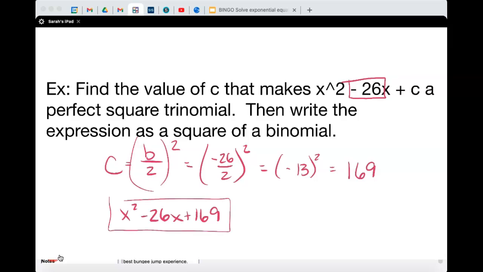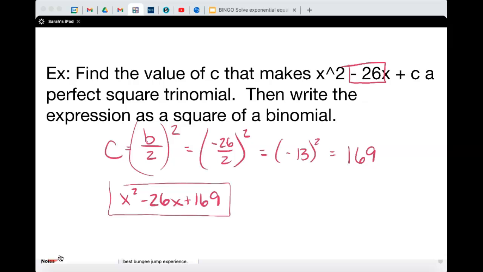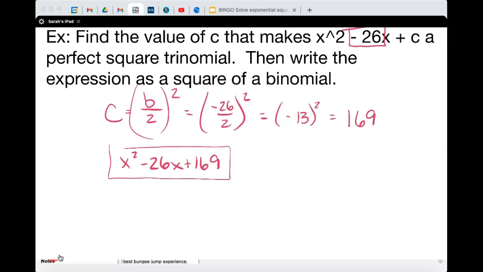And then they say write it as a square of a binomial. So basically they want us to factor this perfect square trinomial. So how does this thing factor?